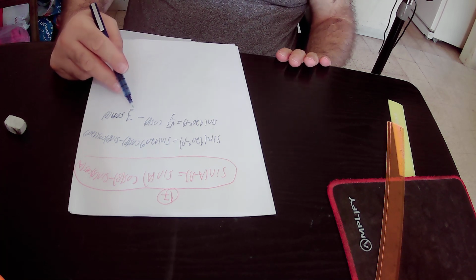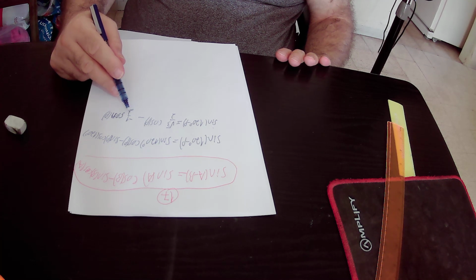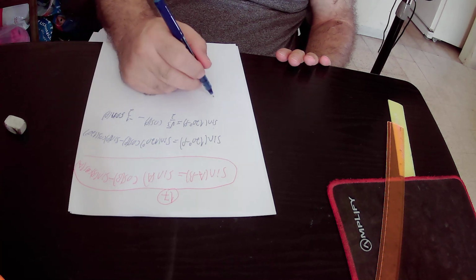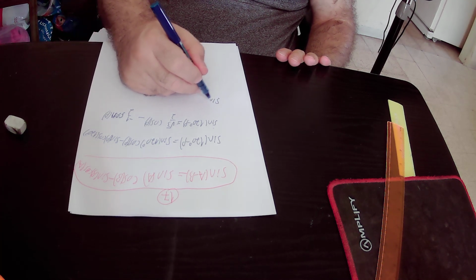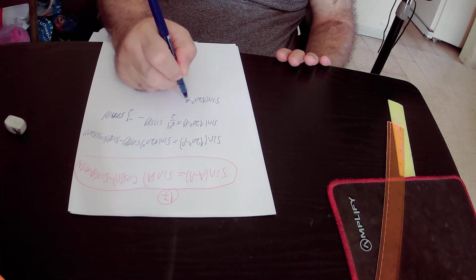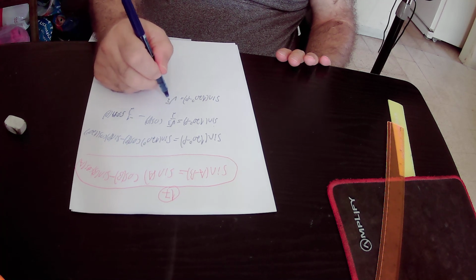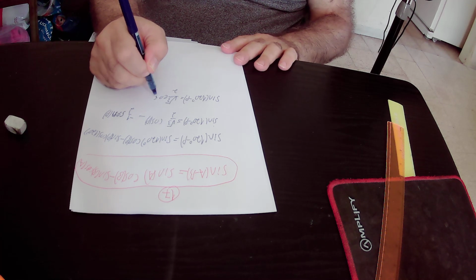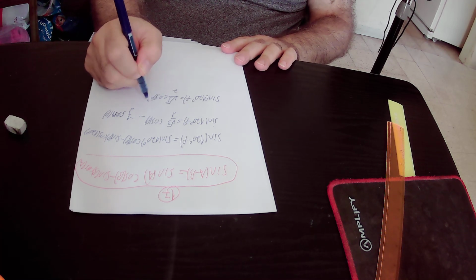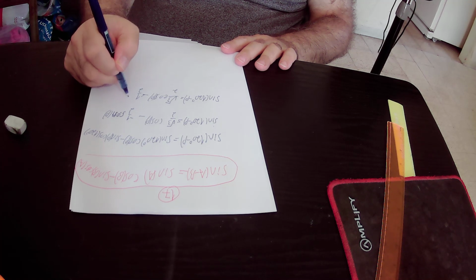So sine 120 degrees minus p equals root 3 over 2 times cosine p plus 1 over 2 times sine p.